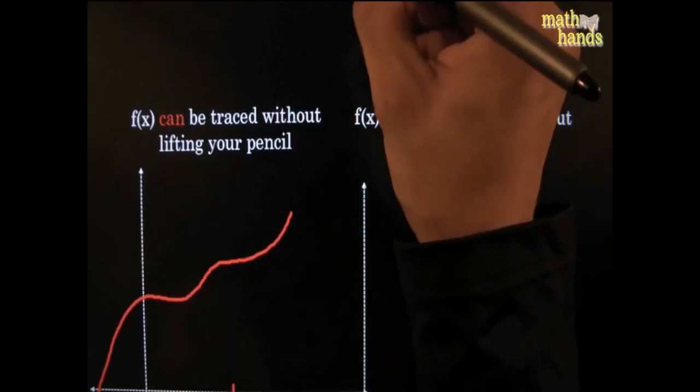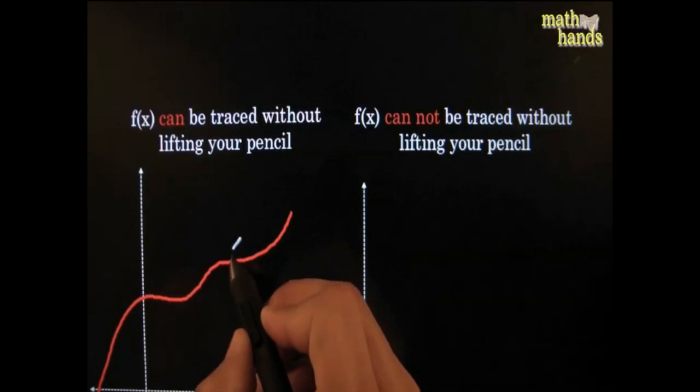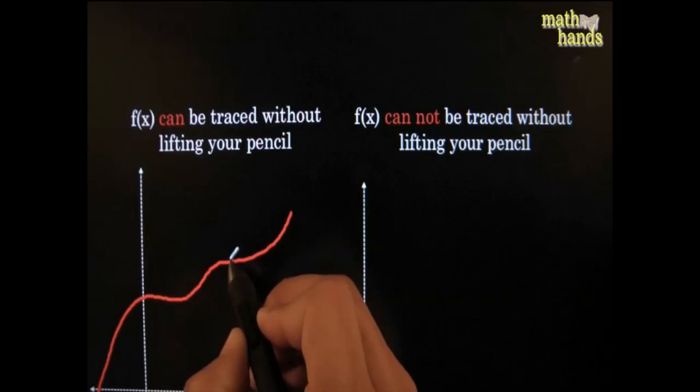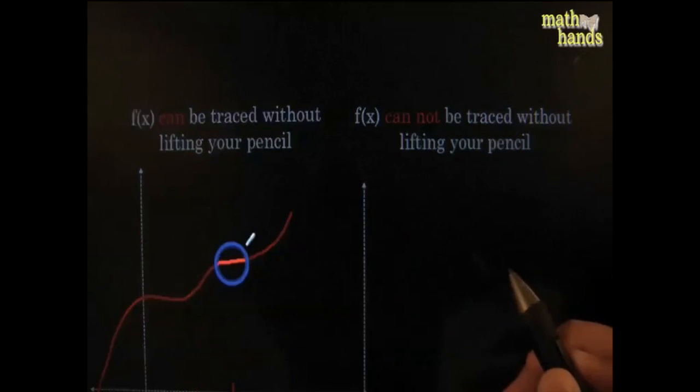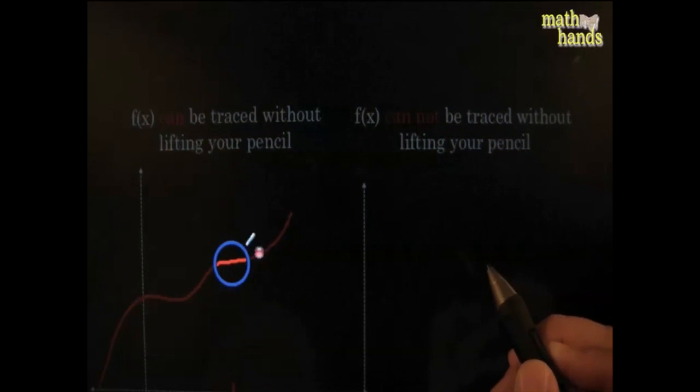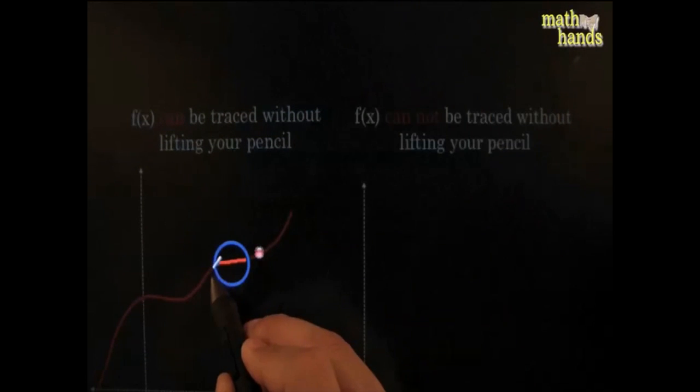This would be a little tiny neighborhood around 5. The question is, could you trace it there without lifting your pencil?